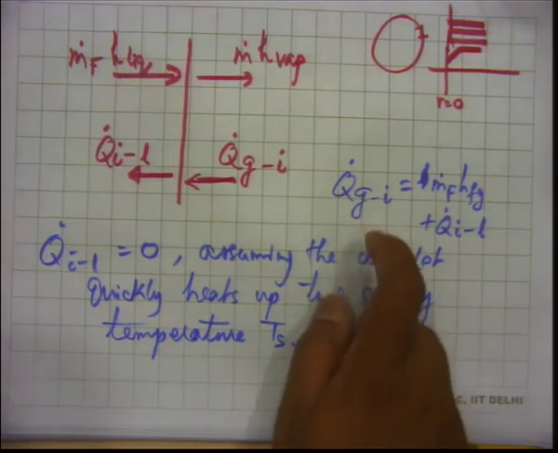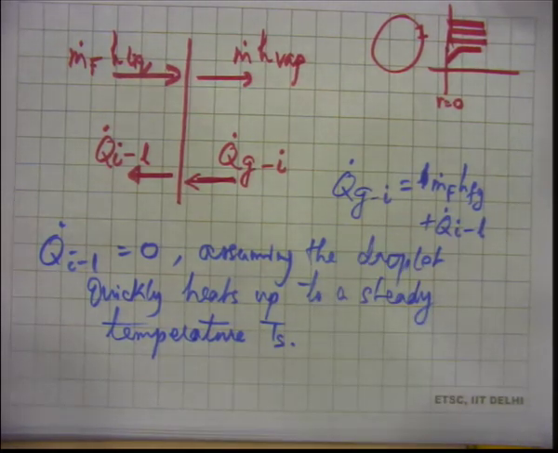So what about q dot G to I? Again something similar. This is a conduction heat flow to the droplet. So this will again involve dT dr at r equal to Rs, right?